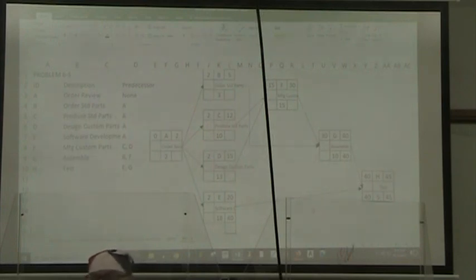All right, so for G, our late start time is equal to our late finish time minus our duration. And for E, our late start time is equal to our late finish time minus our duration.